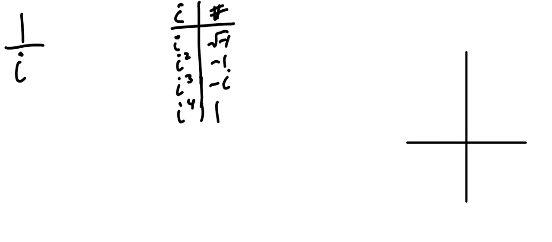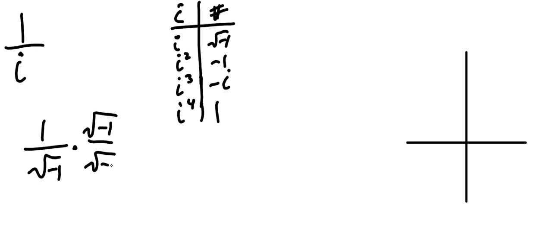So 1 over the square root of negative 1. But we can't have square roots in the bottom, so let's rationalize this denominator by putting it over itself. Any quantity over itself is 1, except for 0, obviously.